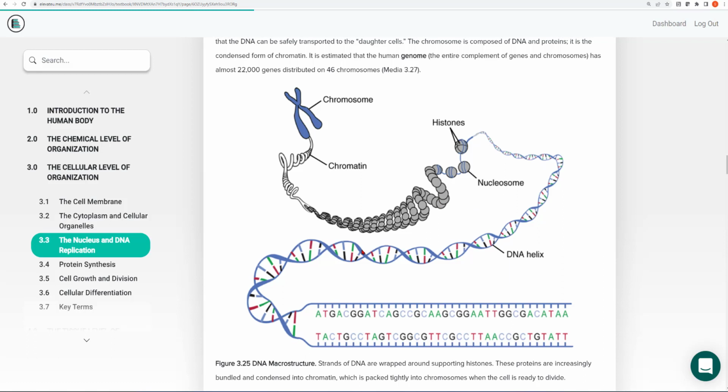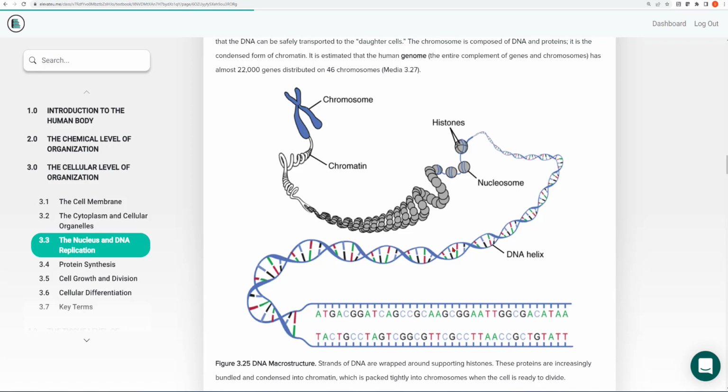If you could take all of the DNA in one of your cells and stretch out the DNA, it would be approximately 6 feet long. So we have to understand that that 6 feet of DNA is chopped up into 23 pairs of chromosomes, and those chromosomes are all tightly packed into the nucleus of the cell.